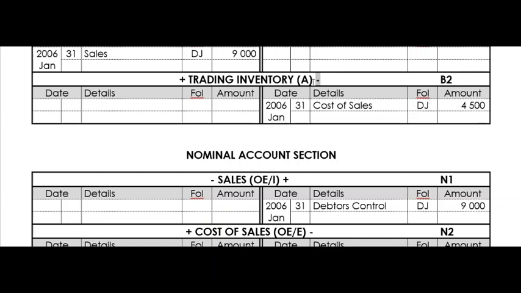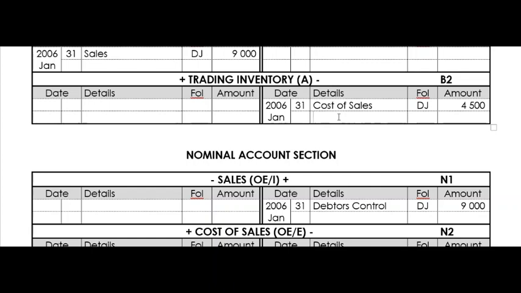Now, I just want to stand still here because I got some emails last week. Why do we credit trading inventory with cost of sales? The reason why is, if you think about it, our trading inventory decreases the moment when we sell products. Okay, so even though the people are not paying us, they're buying on credit, the fact of the matter is that we are selling products to them.